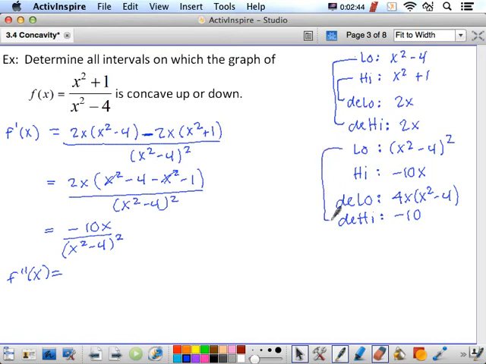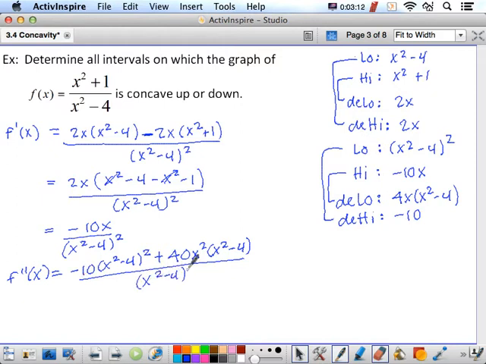So if we do low d high, we have negative 10 times x squared minus 4 quantity squared. Minus high d low, which will become a positive 40x squared times x squared minus 4 all over low low again, which is x squared minus 4 to the 4th.